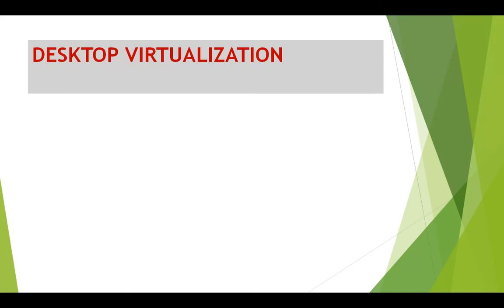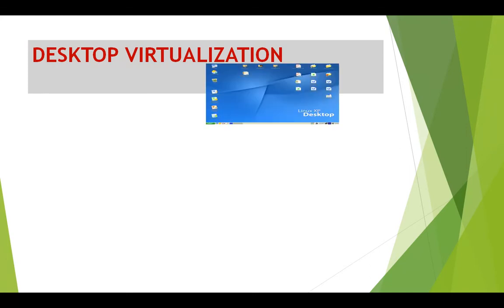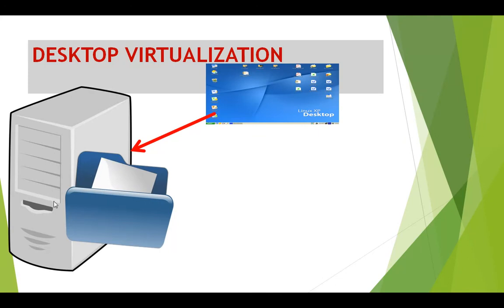So in desktop virtualization, what happens? See, this is the desktop of a user at your physical machine, at your laptop, and this screen of your desktop is stored at the server, at the data centers. And this plays an important role because a copy of your desktop is remotely saved at the centralized server.